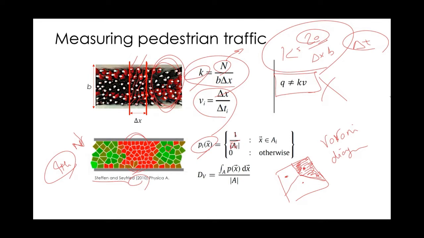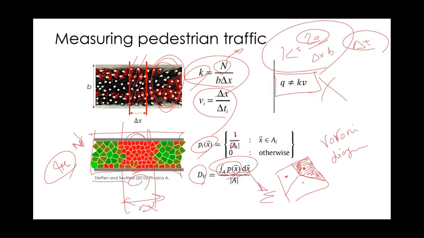And then if I want to calculate the total density for the whole corridor, or for any specific delta x in the corridor, I would just sum the local density measurements around each pedestrian, or take the integral over delta x.